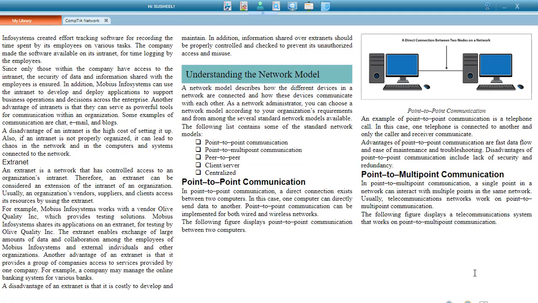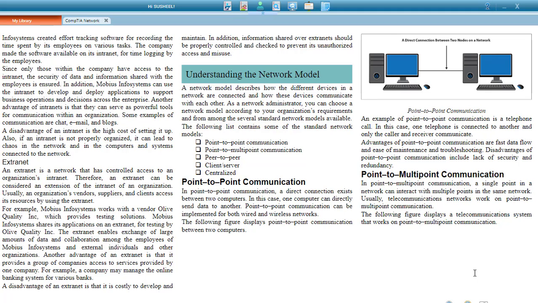In this case, one telephone is connected to another and only the caller and receiver communicate. Advantages of point-to-point communication are fast data flow and ease of maintenance and troubleshooting. Disadvantages include lack of security and redundancy.